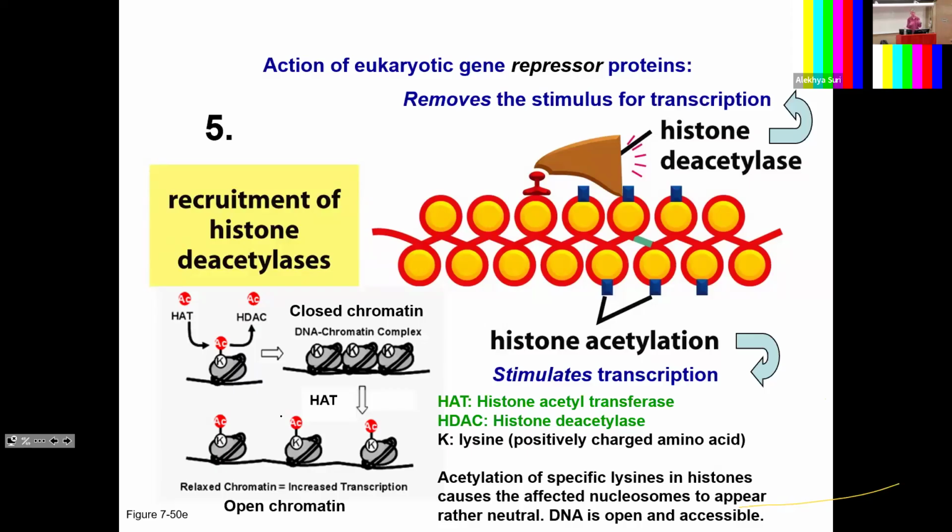So you just want to know histone acetyltransferases will add the acetyl group, opening the chromatin, whereas deacetylases remove these groups and bring it back to the original state where it's more compact and more or less inaccessible to the transcription factors. Okay.